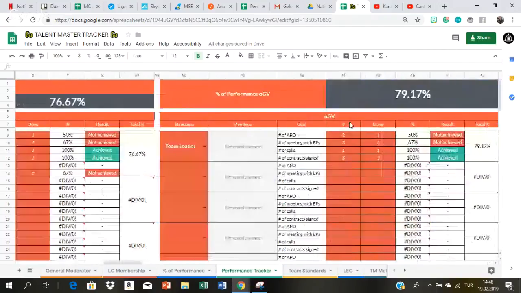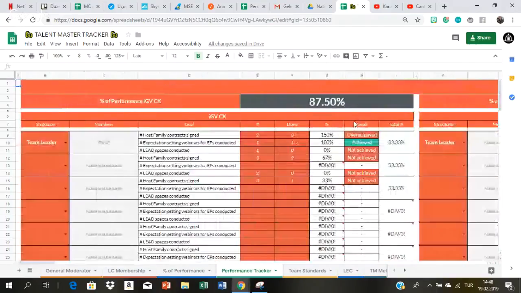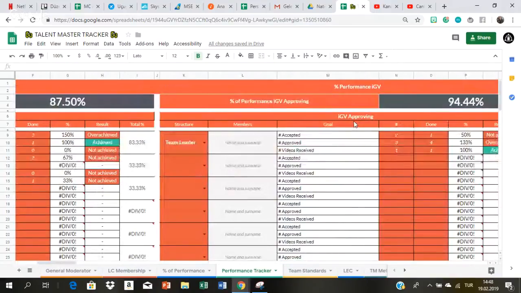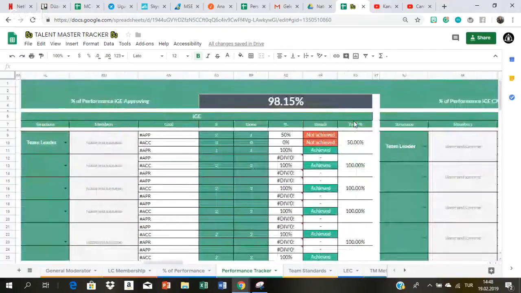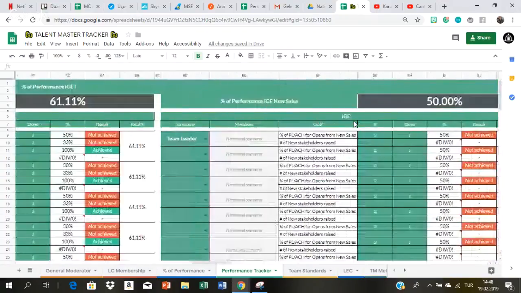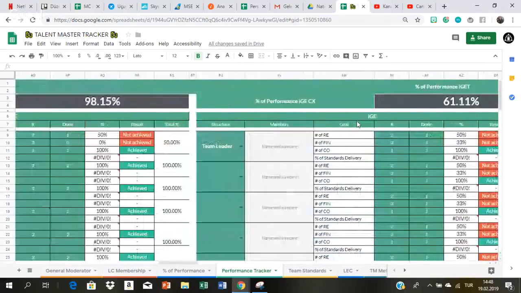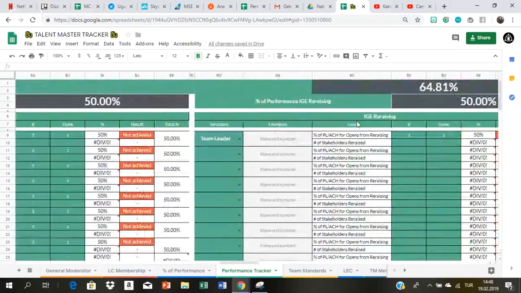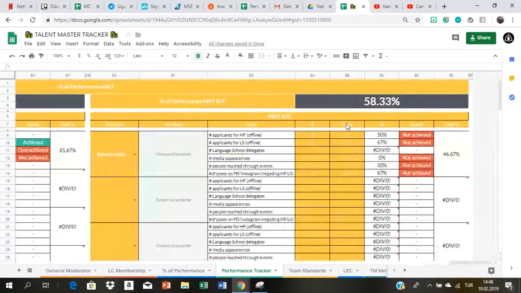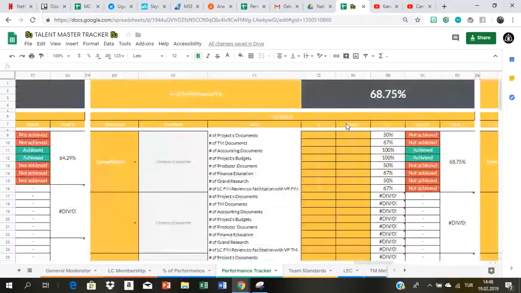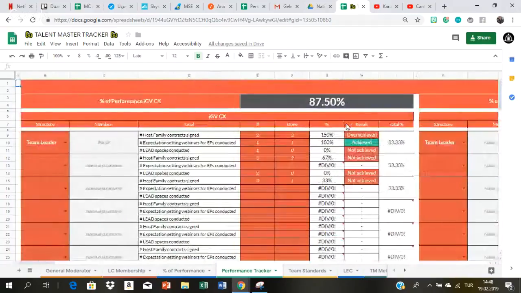Then you can see, for example, IGV sales, CX, approving. In your case, it can maybe be all in the same team. So OGV, IGE, IGCX, and so on, like approving, CX, new sales, re-raising, you can see whole functionals, even back office included.